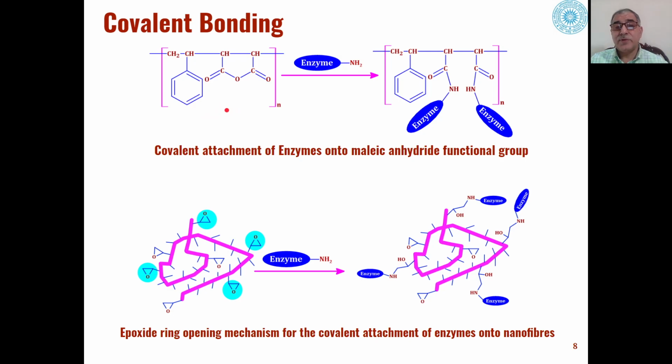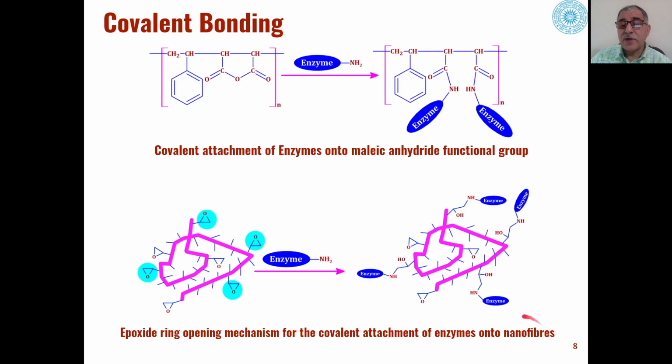Then another example of covalent bonding is this type of copolymer of maleic anhydride and styrene. So the polystyrene maleic anhydride copolymer on reaction with enzyme: this amino group will interact with the anhydride part of this molecule, and we will get these types of immobilized enzymes where you can see there is a formation of a covalent bond between this support and this enzyme.